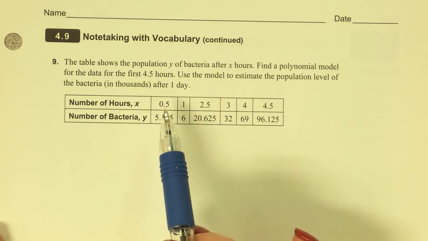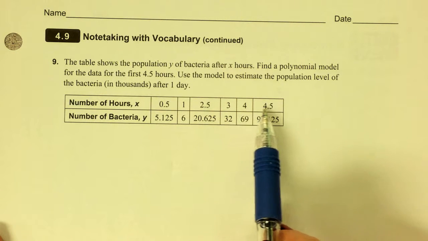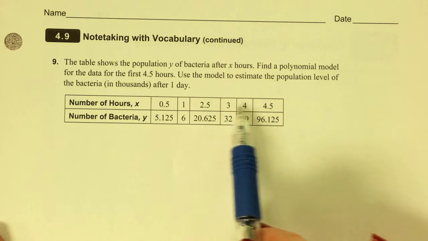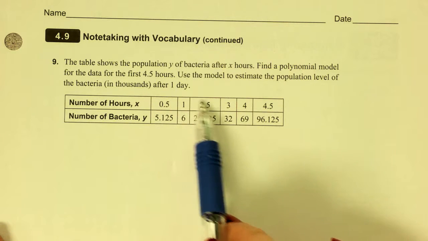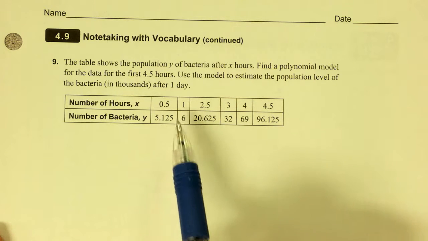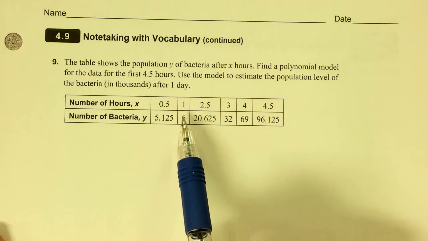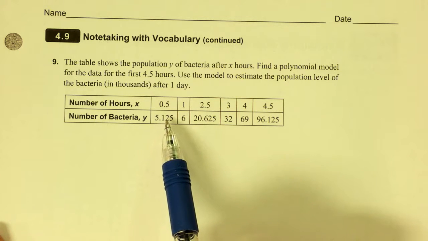Well, guys, one thing we have to look for is that these X's have to be evenly spaced. Are they evenly spaced? This is 0.5. This is not 0.5, though. So I need to find at least 3 points that are evenly spaced. What could I use that would be evenly spaced?